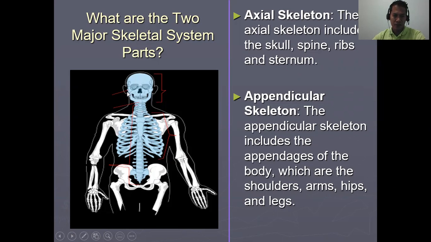So as you can see the light blue color right here, these are the bones of the axial skeleton. The appendicular skeletons are the upper extremities and the lower extremities. So upper extremities are the arms and the lower extremities are the legs.